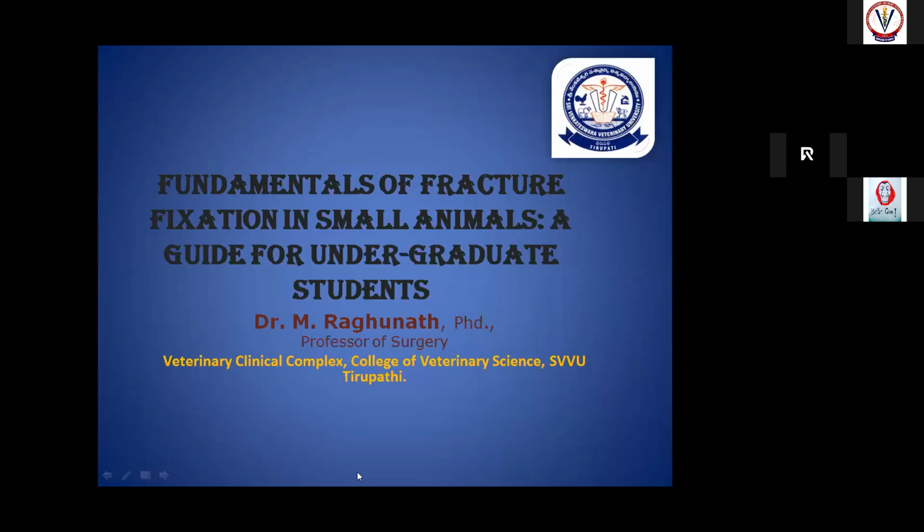But now we have large animal extensions, small animal extensions, computer-aided radiography, intraoperative image intensifying systems, and many of the colleges have come up with CT scan, MRI. So now there is no point of missing a bone lesion in our patient.